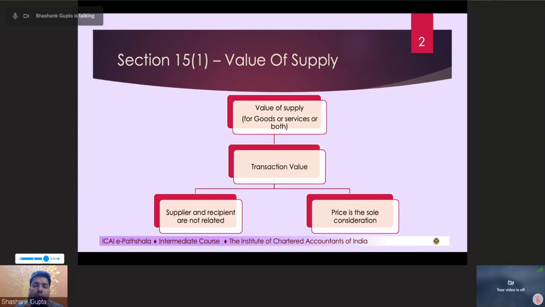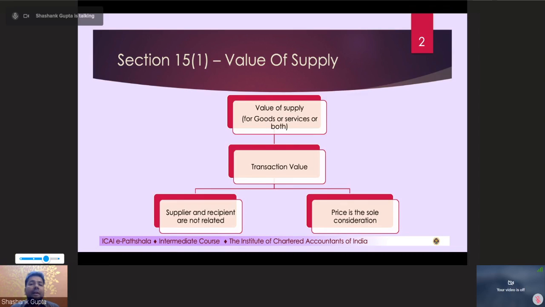Now, one important thing that you need to understand here is, in valuation, section 15 provides for this transaction value part and talks about valuation in the CGST Act. And thereafter, there are certain rules embedded in the CGST rules which talk about the valuation aspect.